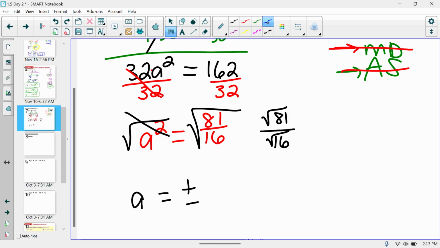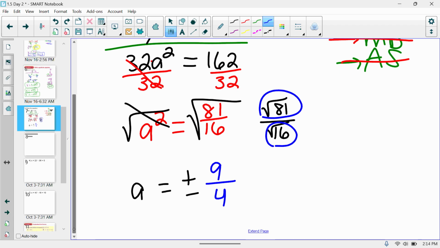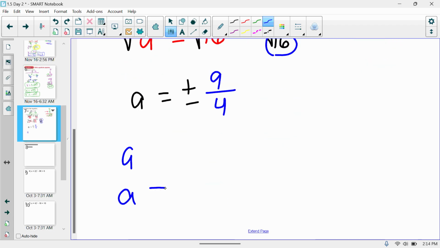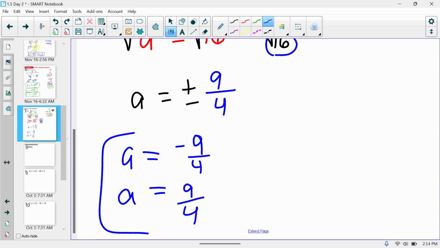This one's really nice because both of the things are perfect squares. The square root of 81 is just 9 and the square root of 16 is just 4. It's not always going to be so nice. Sometimes you might have numbers that aren't perfect squares, and that's going to make more work for us, okay? But the 2 answers, if this were edge elastic, we would type negative 9 over 4 for one and positive 9 over 4 for the other.